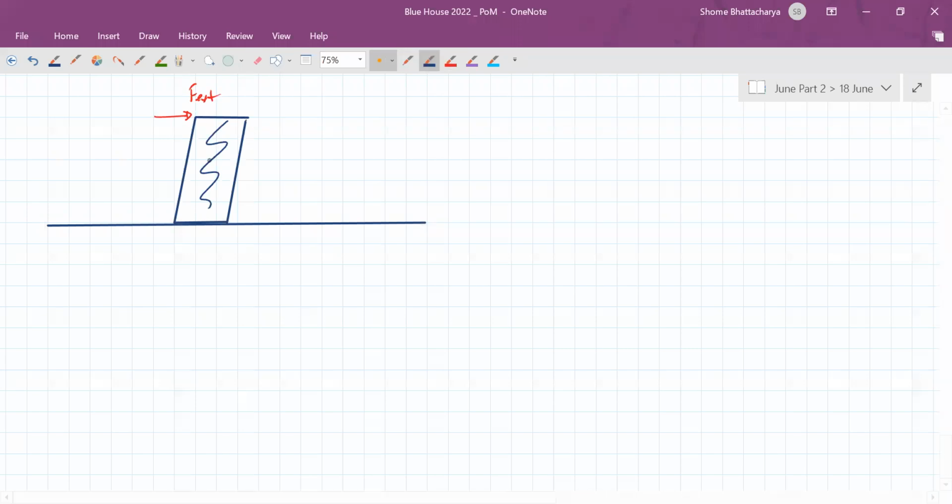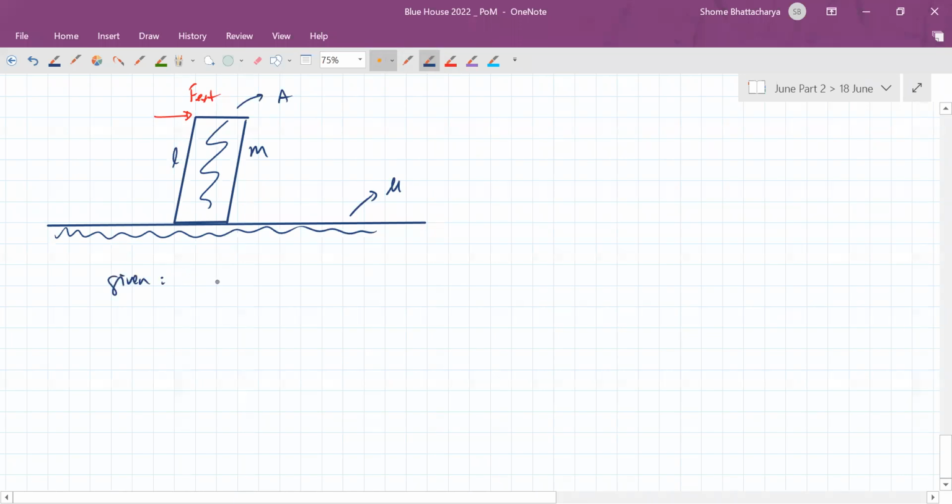Okay. And this is a rough surface having a coefficient of friction mu. There's a block of mass m. This length is L. Okay. And this cross-sectional area is A.